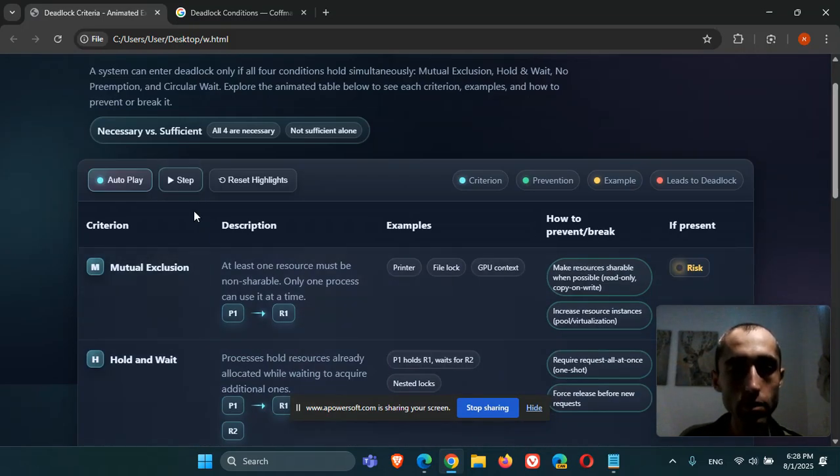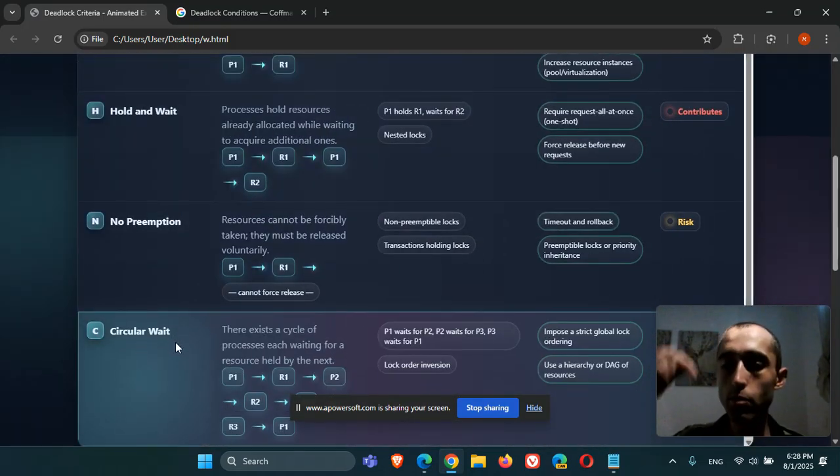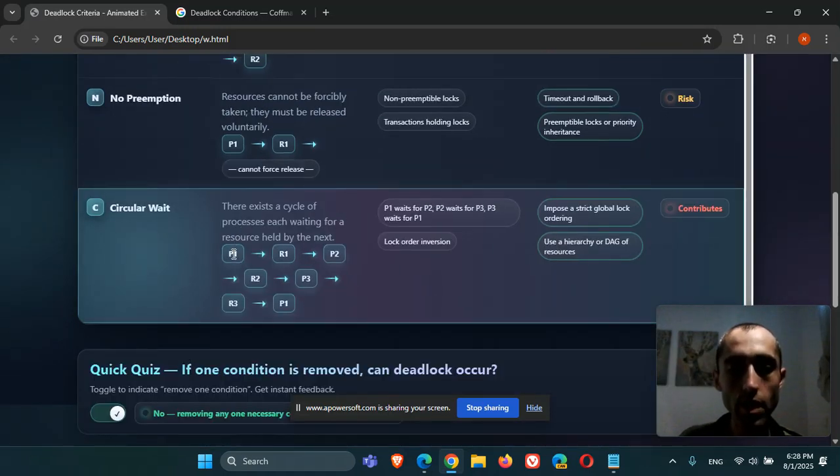And the last criterion is circular wait. One process depends on the next process. I have a circle: P1, then P2, then P3, and then again P1. Each of them waits for a resource held by the next.